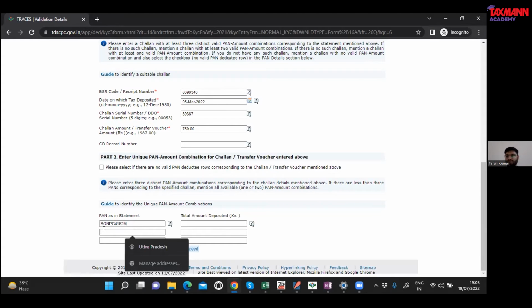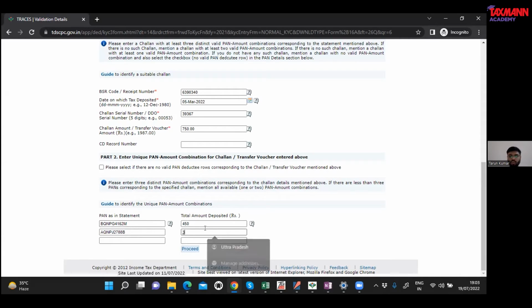So that is PAN of the first deductee. So 450 out of 750 was deducted against this PAN number, and 300 was deducted against this PAN number. So our challan amount was 750, right?